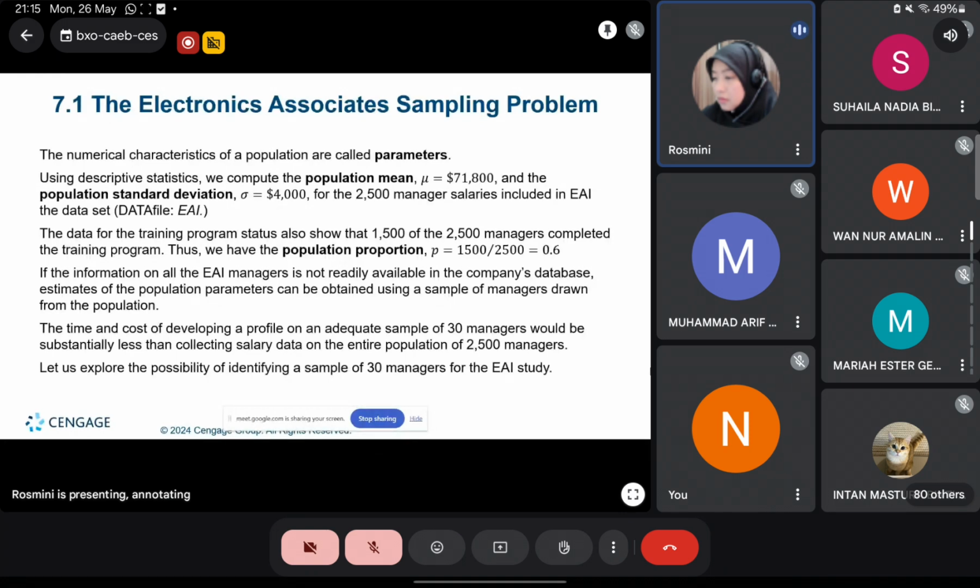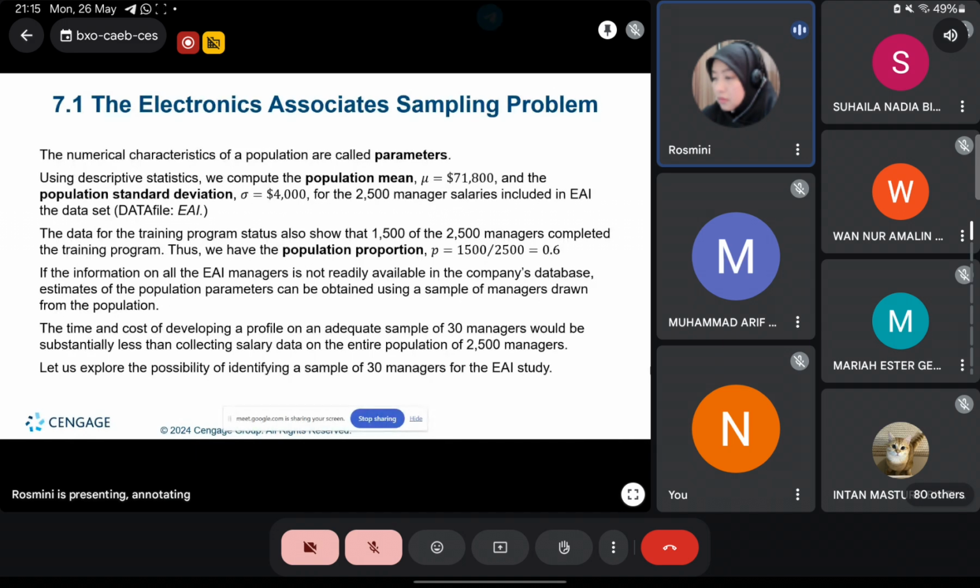The calculation that has been done for you on this slide is that sigma, the standard deviation for the population, is 4,000. Then we have mu, the mean, the average income for the 2,500 managers' salaries, which is 71,800.